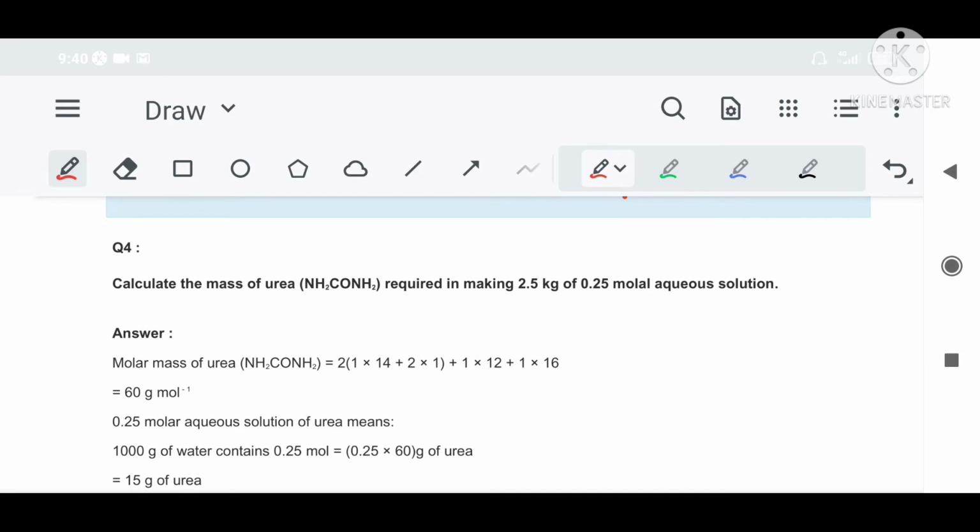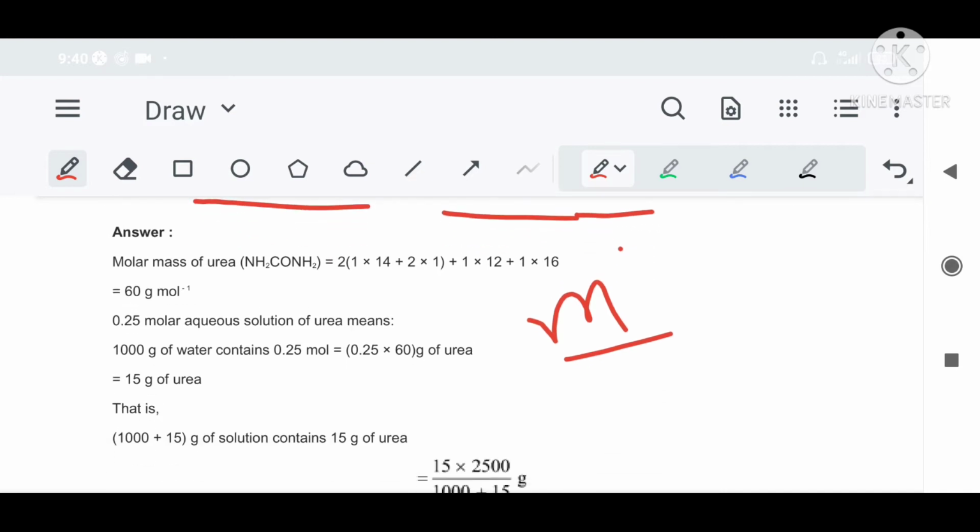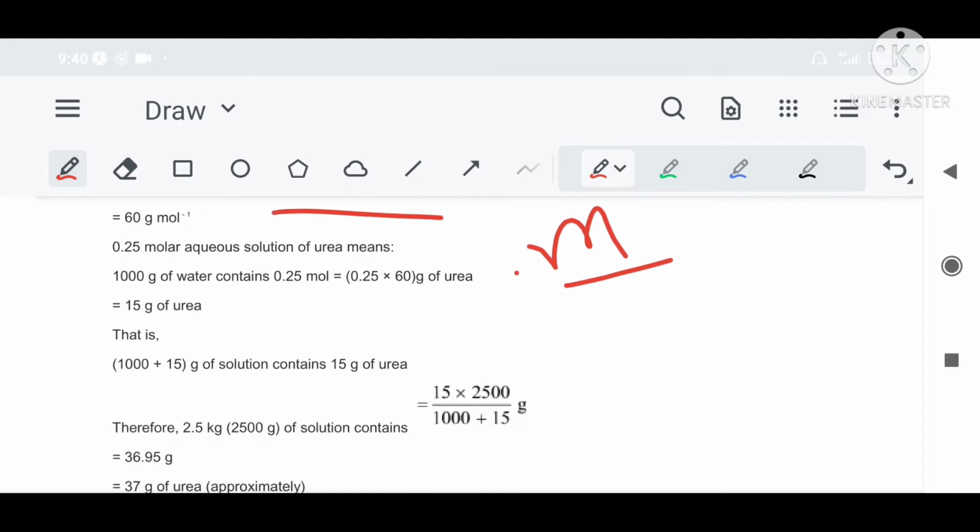Now question number 4: calculate the mass of urea. Urea is NH2CONH2, required in making 2.5 kilogram of 0.25 molar aqueous solution. So this is related with small m, molality. Molality is moles per kilogram of the solution. Now the molar mass of urea is 60 gram. A 0.25 molar aqueous solution of urea means 1000 gram of water contains 0.25 mole.